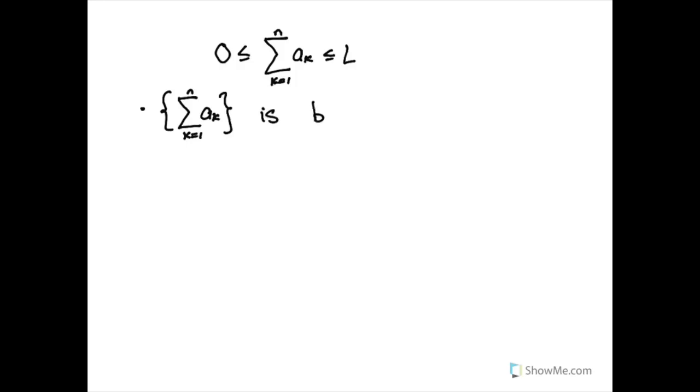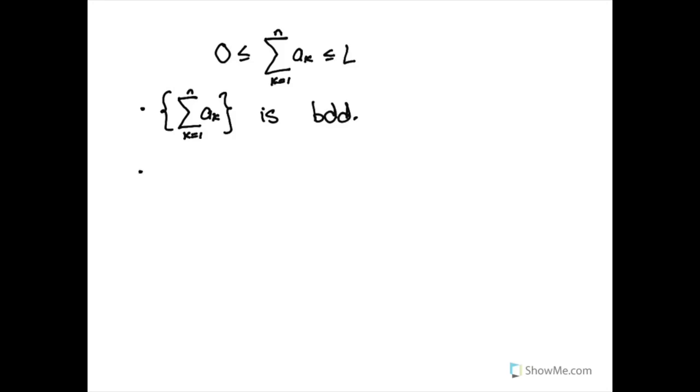So we have that 0 is less than or equal to the partial sum of AK, which is less than or equal to L. So this tells us that the sequence of partial sums, which I'll leave in sigma notation, is a bounded sequence. It's bounded below by 0 and bounded above by L. Moreover, it's increasing.